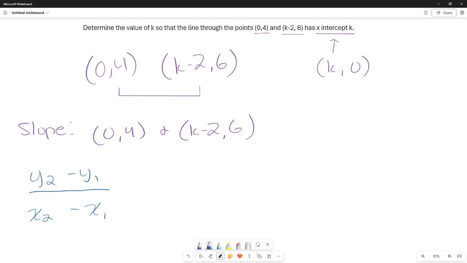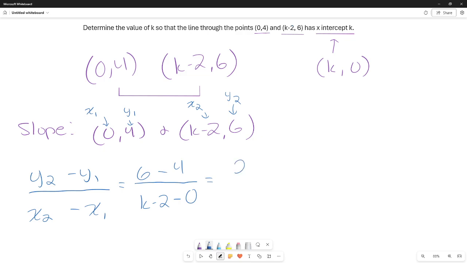So here, 0 is our x1 and 4 is our y1, and for our second point, k - 2 is our x2 and 6 is our y2. Let's plug that in: y2 is 6, minus y1, which is 4, over x2, which is k - 2, minus x1, which is 0. And then let's simplify this.